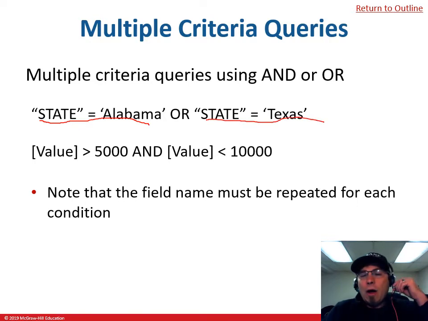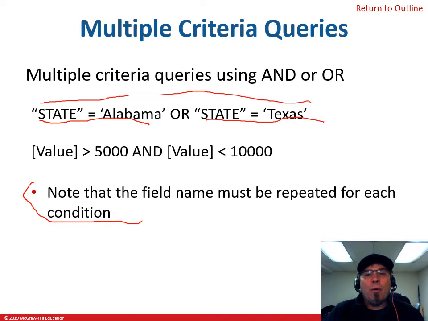Now, you have to notice, if you look at this condition down here, you have to do it twice. I have to write both of these out, not just state equals Alabama or Texas. It has to be state equals Alabama, the word or, which is a button in the attribute table, state equals Texas. If I get rid of this state equals over here, it's an error.